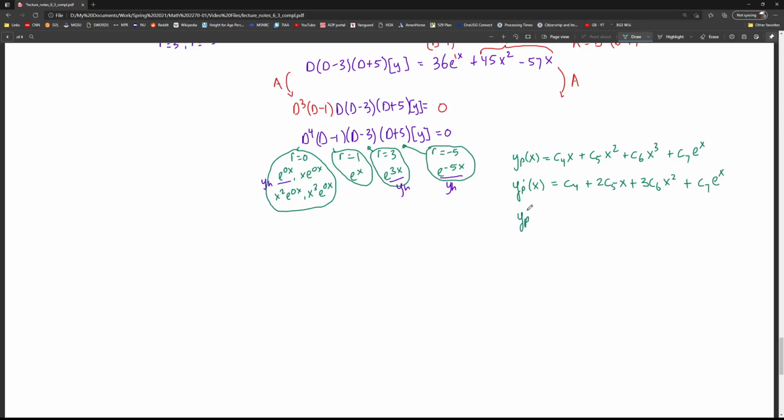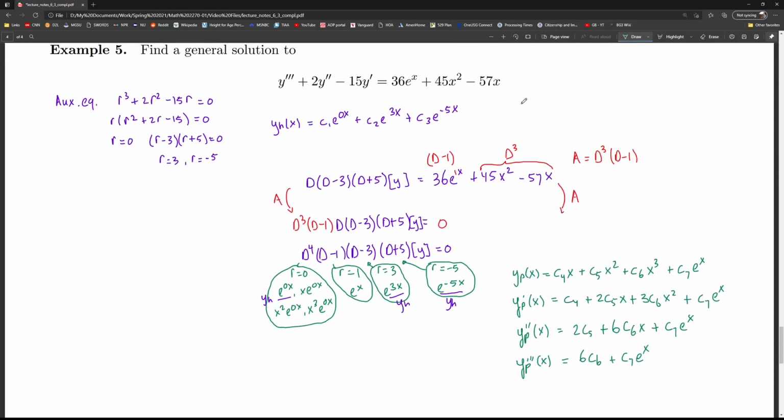We also need yp double prime, and that is 2c5 plus 6c6x plus c7 e to the power x, and then yp triple prime of x is equal to 6c6 plus c7 e to the power x.